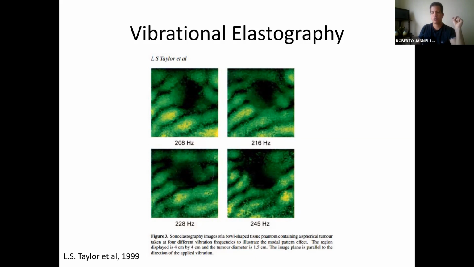You apply continuous vibration propagating in the tissues, and of course you're going to have stiffer regions. When that vibration gets there, things move just a little, and when the medium is softer, it moves a lot.